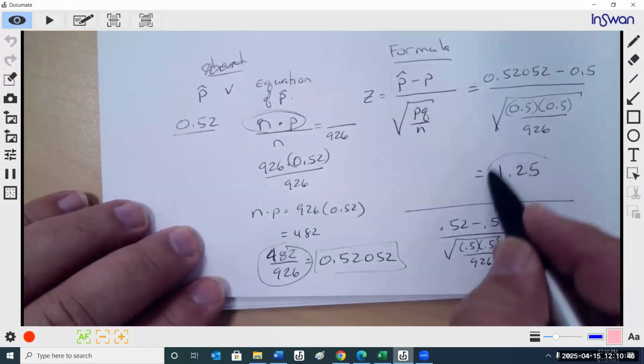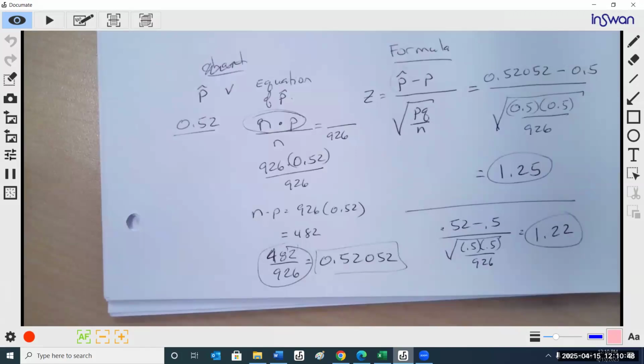So we have a considerable difference in values. There are z-scores. Why does that make a difference?